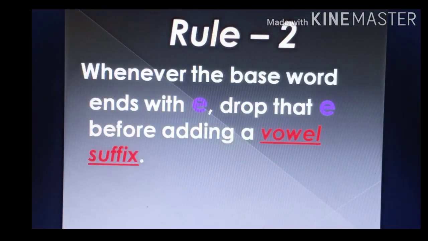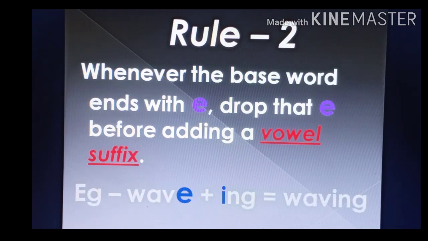Rule 2. Whenever the base word, now I hope you all know what a base word is, ends with E, drop that E before adding a vowel suffix. And vowel suffixes you all are aware of.